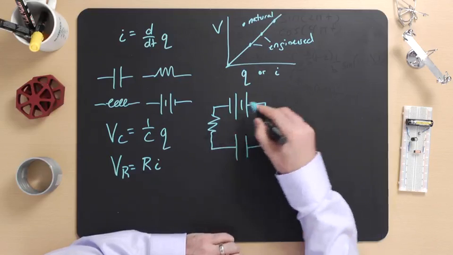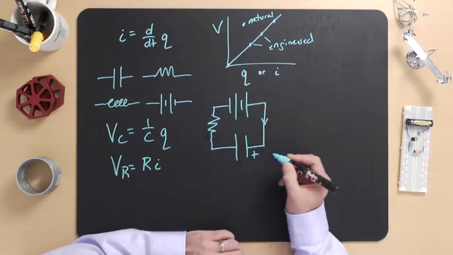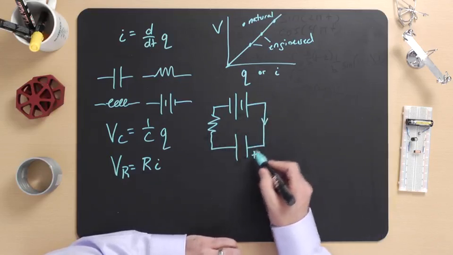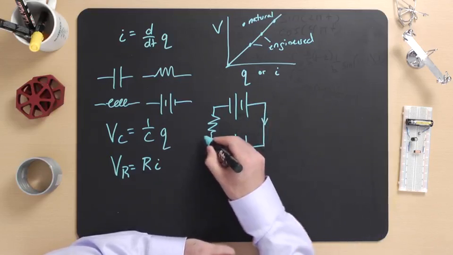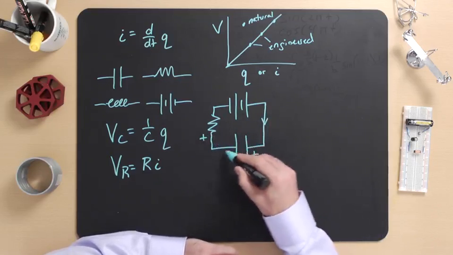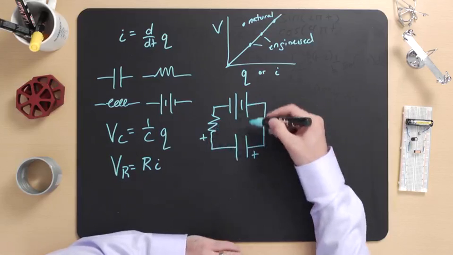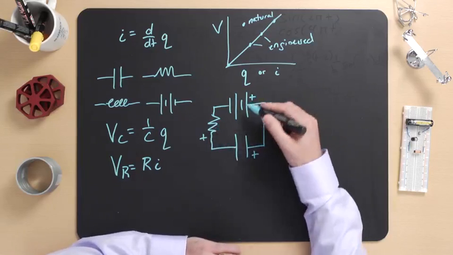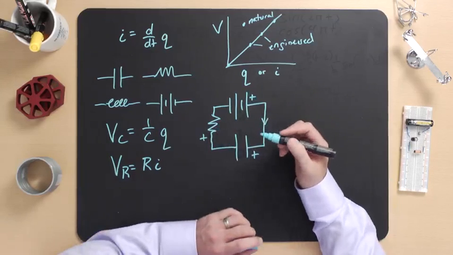Our sign convention for the polarities of the elements that are not batteries will be that the current always runs into the positive terminal of the element. In the case of this capacitor, that means that the positive end is on the right. So we have the current running clockwise, and we end up with a positive sign here because the current is running into the capacitor. We also end up with a positive sign here because the current is running into the resistor, but the battery has the positive sign on this side because that's where the large dash is.